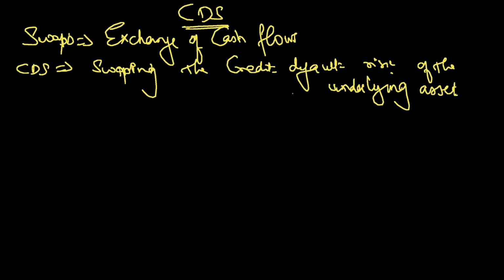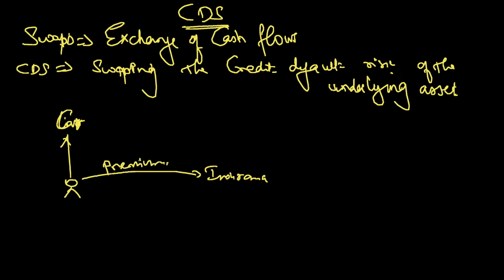Okay, how does this work? It works very similar to insurance. Let me give you the analogy of insurance first. There is a person who is worried about, say, his car. He will take insurance from an insurance company and keep paying premium, because he's worried that in case his car meets with an accident, he will incur huge losses.